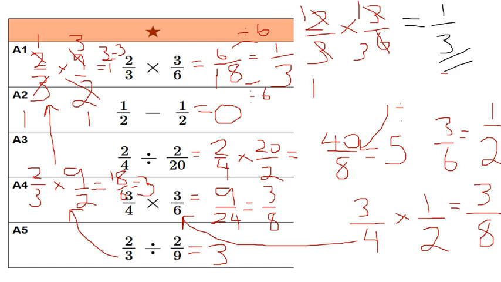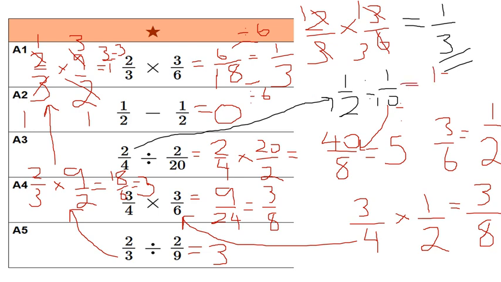And then here, similar for A3. I could have actually simplified the fraction first. So I have a half divided by 1/10, because 2/4 is equal to a half in its simplest form, and 2/20 is equal to 1/10 in its simplest form.